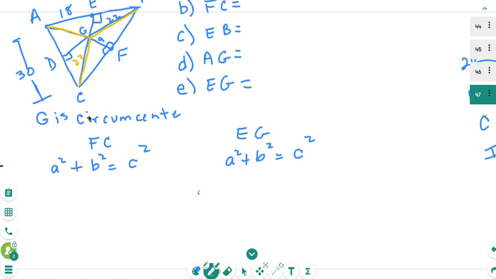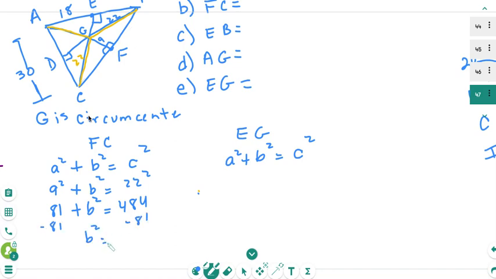So we are going to do 9 squared plus b squared is going to equal 22 squared. 81 plus b squared is going to equal 484. Pair out the 81.